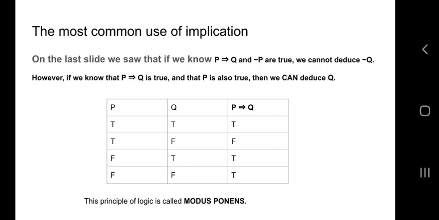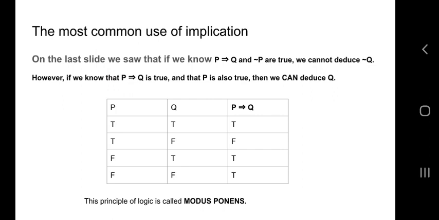Those are the only situations where P implies Q is true. We've caught all of the scenarios.